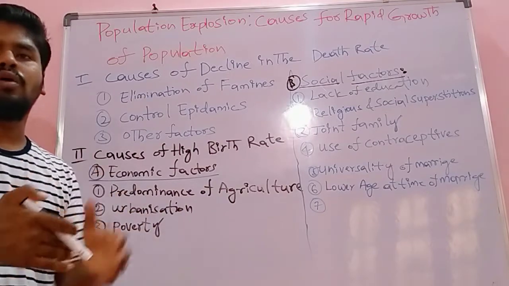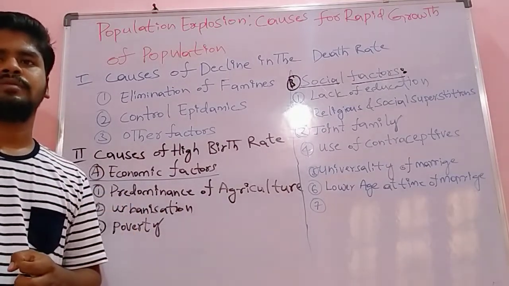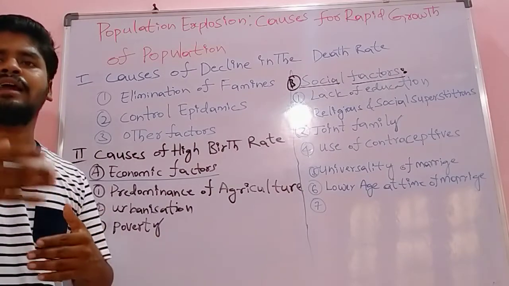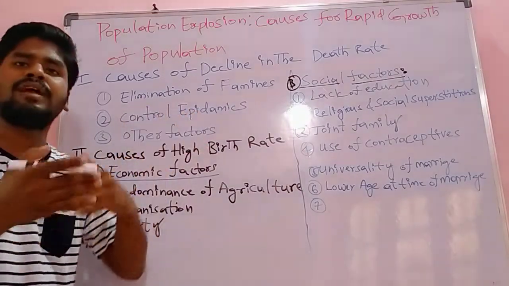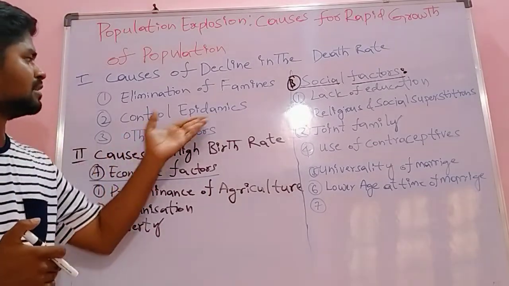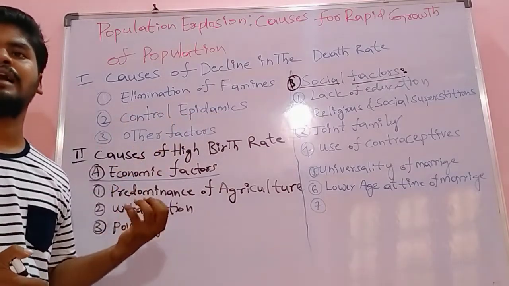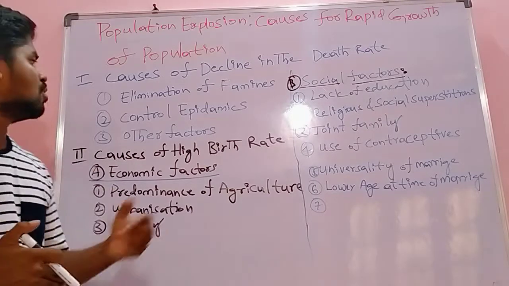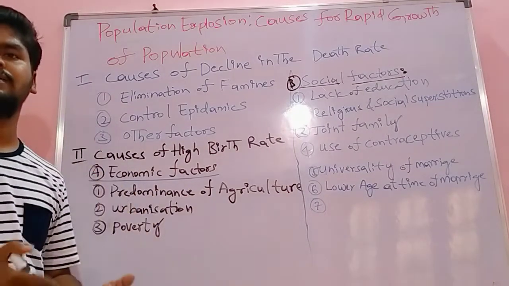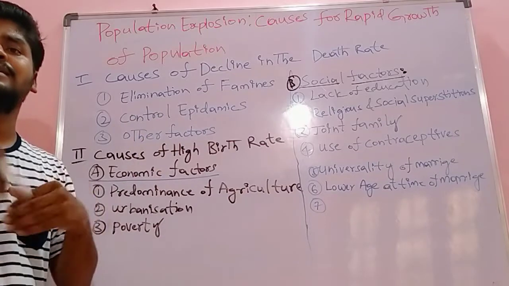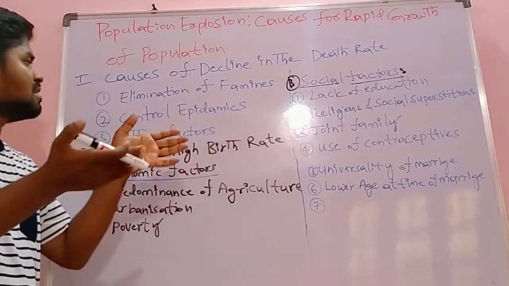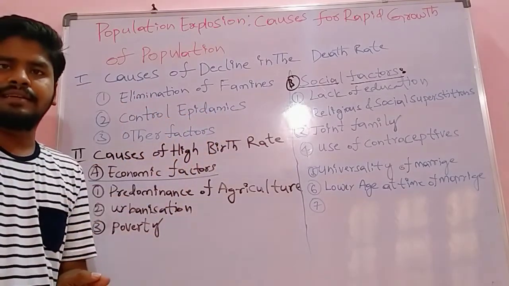At that time there was no vaccination for those diseases. Then society changed, people became educated and enhanced their health standards, and vaccination came into existence. We tried to control epidemics like tuberculosis, cholera, and malaria. When epidemics are controlled, generally the death rate decreases.